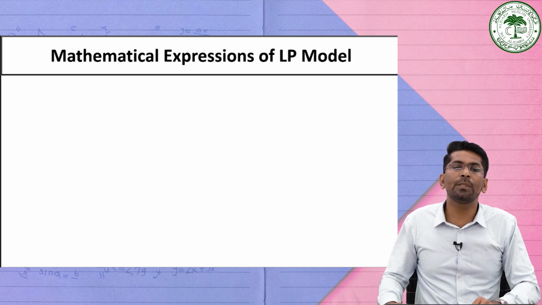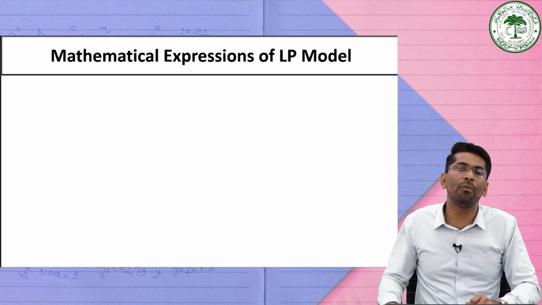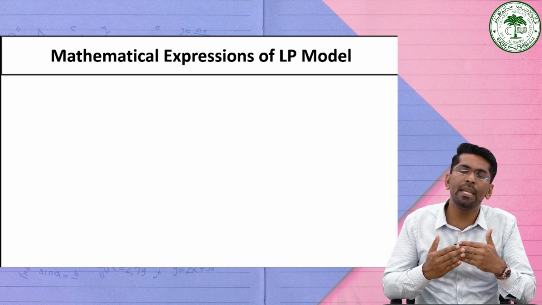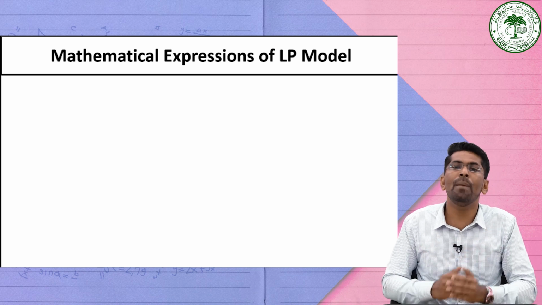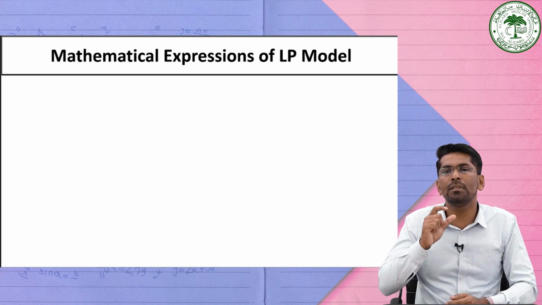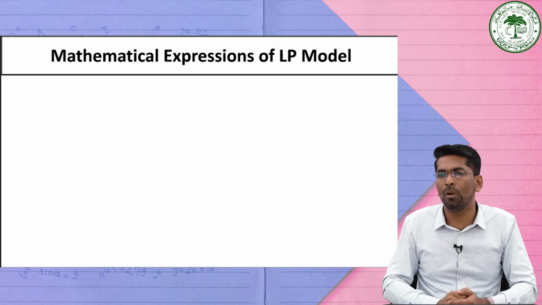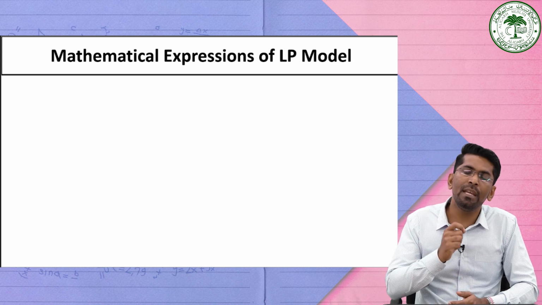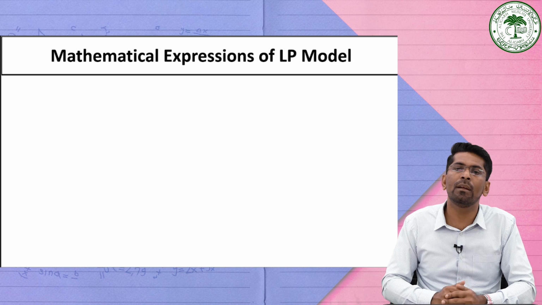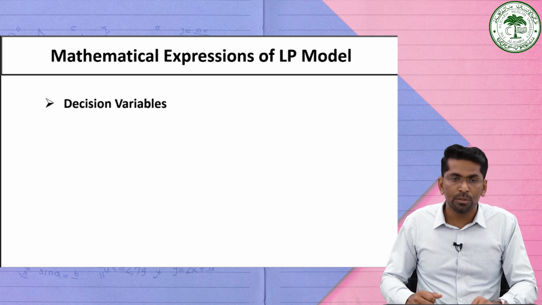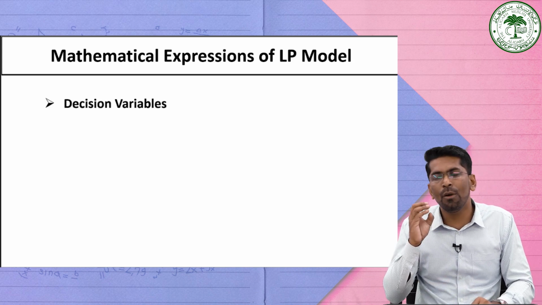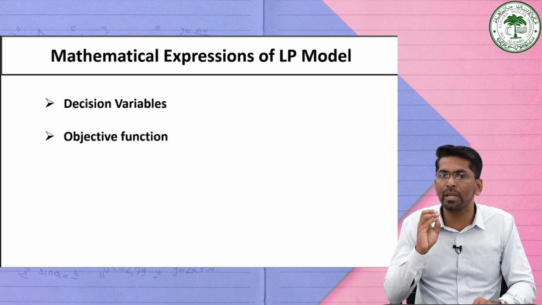Now we are going to express the mathematical format of linear programming models. In order to frame a linear programming model in mathematical format, certain concepts and steps are involved, which we must be very clear about. Here we have to identify the various decision variables.